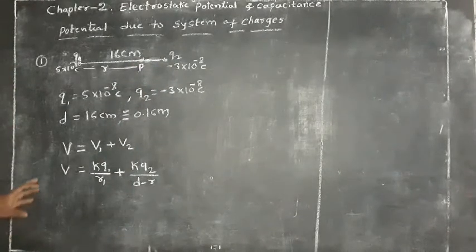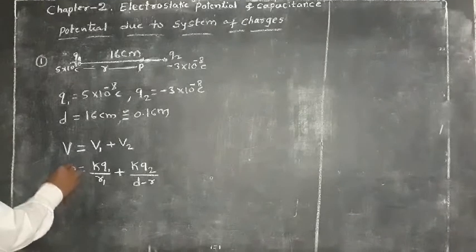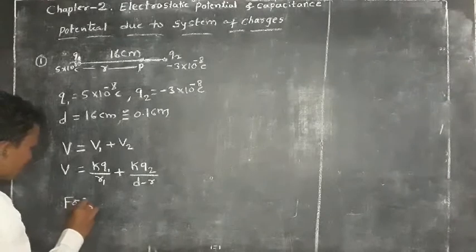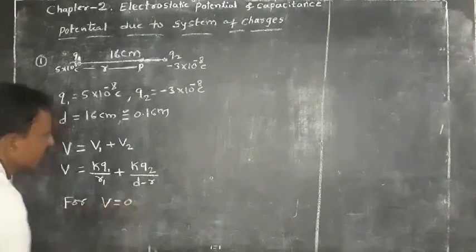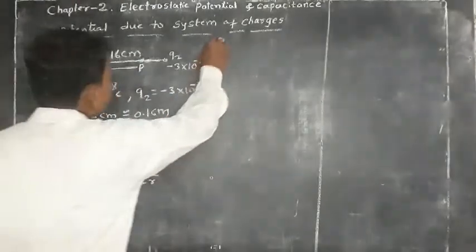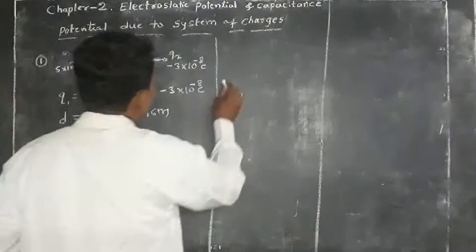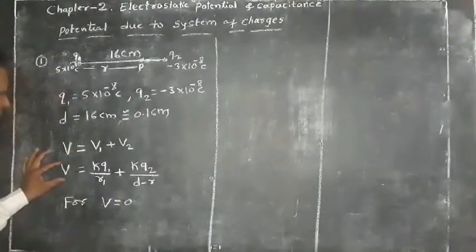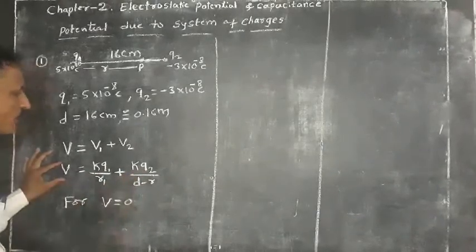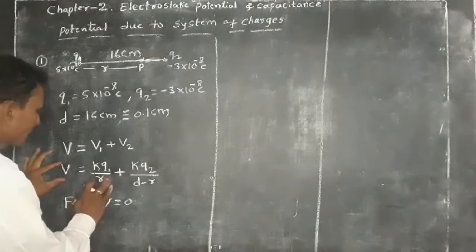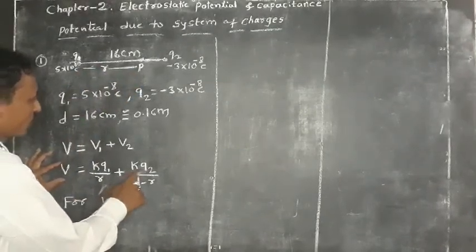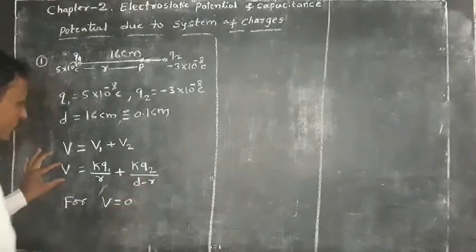And for potential at point P to be 0, that means potential at point P is equal to 0. You can write it as, if P equal to 0, then 0 equal to k q1 upon r, this is not r1, r, because r is taken as the distance of the point, plus k q2 upon d minus r.